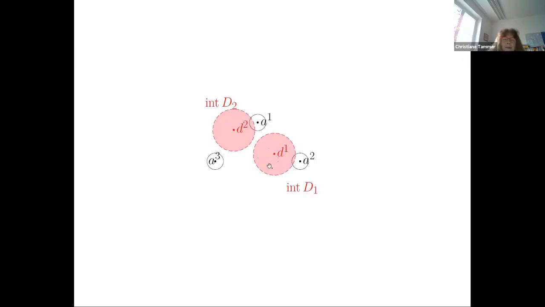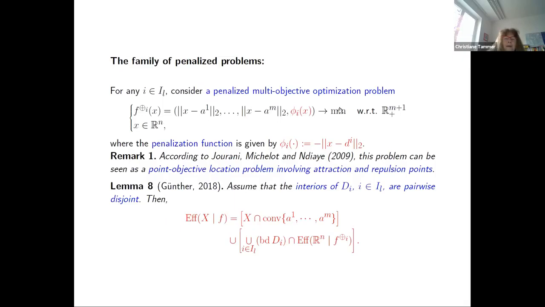In red color, you can see the forbidden regions, and outside of the red regions is the feasible set. Then we introduce two penalized functions. Here we have the penalization functions. Using the notions by Urani, Michelot, and Nguyen, we can speak about location problems involving attraction and repulsion points with this additional objective function.